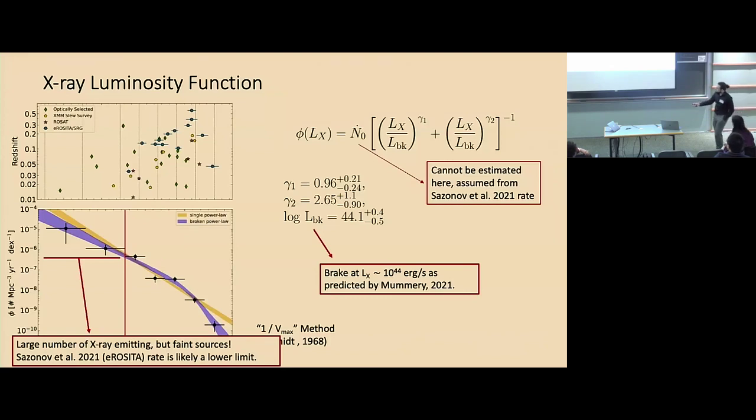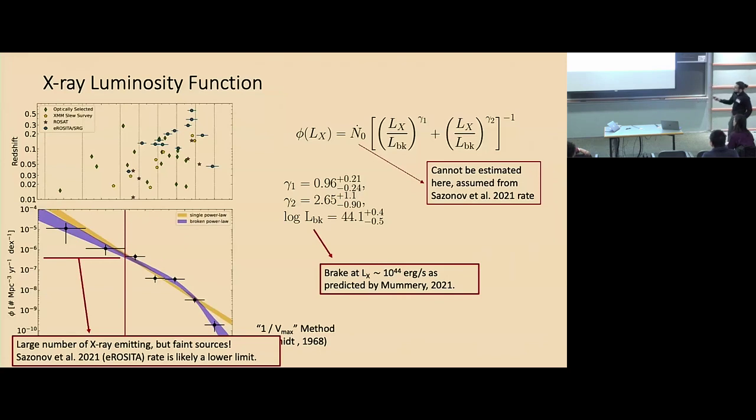This also means that there's a large number of X-ray emitting TDs, but they're just too faint. These sources, less than 10 to the 42, we usually cannot detect unless we point XMM-Newton, and that's expensive. For sources with XRT, we can only go up to maybe, for 10 to the 41, maybe up to 100 megaparsecs. So that's pretty rare.